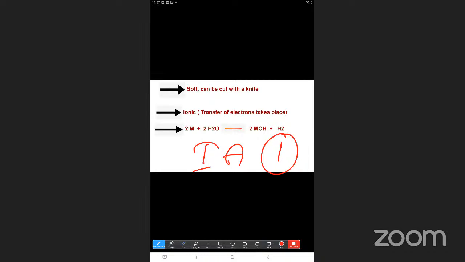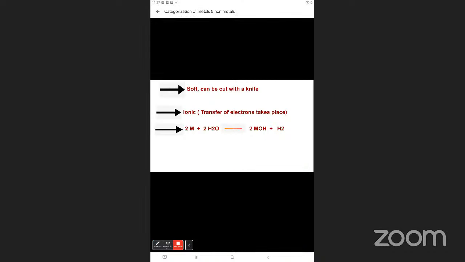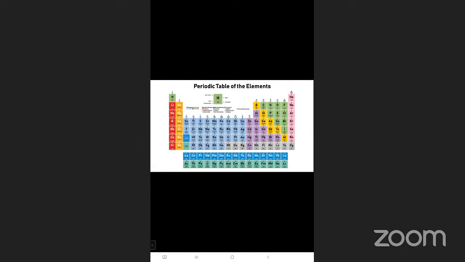Ionic is nothing but transfer of electrons. These 1A group elements transfer only one electron, because the valency of these elements is 1 only. So when these elements react with water, they form the corresponding hydroxide and release hydrogen gas.